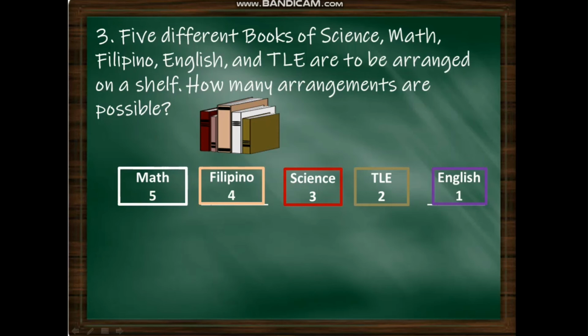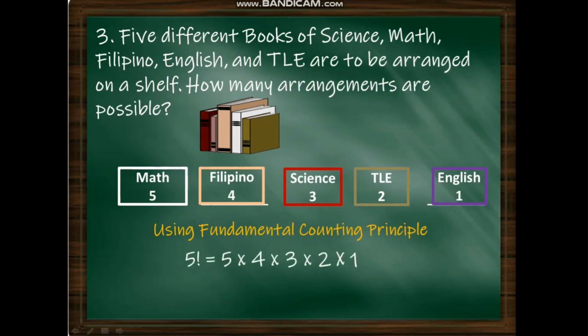So, we have to multiply 5 times 4 times 3 times 2. That is equals to 120. Using the fundamental counting principle, we have 5 factorial, that is equals to 5 times 4 times 3 times 2 times 1, that is equals to 120 different ways.